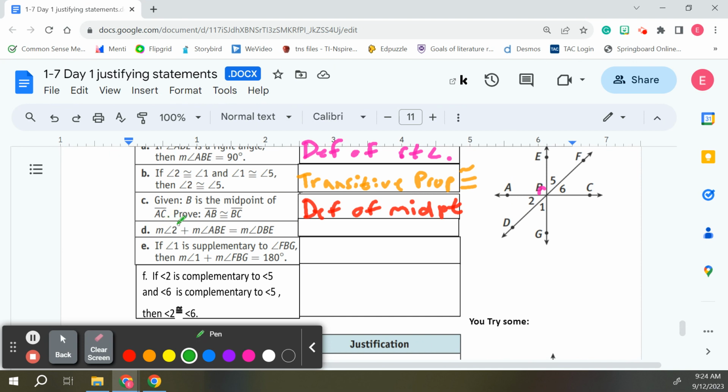So letter D, it says the measure of angle 2 plus the measure of ABE, so here's angle 2, here's ABE, equals the measure of DBE, so this entire angle right here. What's that one going to be?